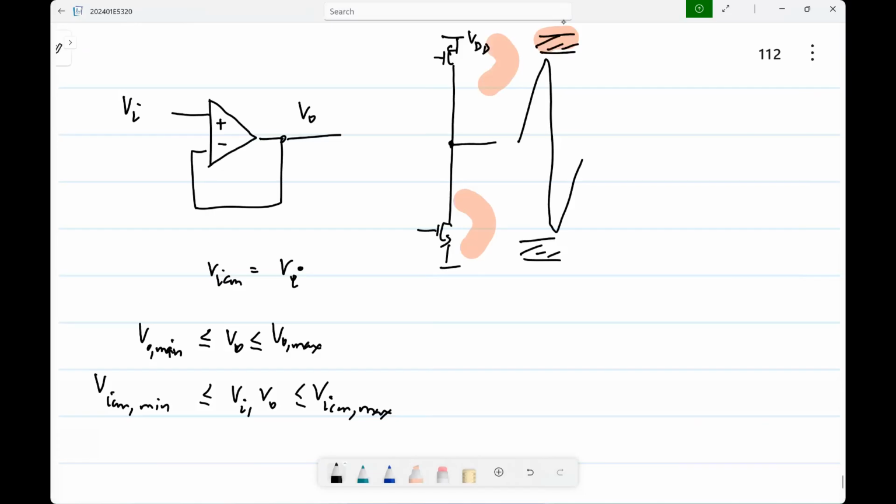But then the input common mode limit looks something like this. Okay. So obviously you cannot have this signal within those limits. So the swing limit would be limited by that one.